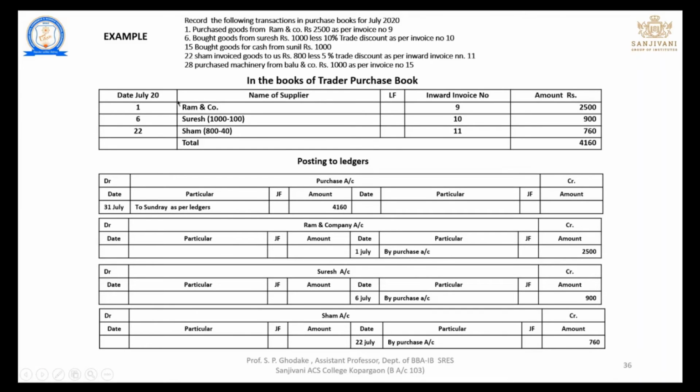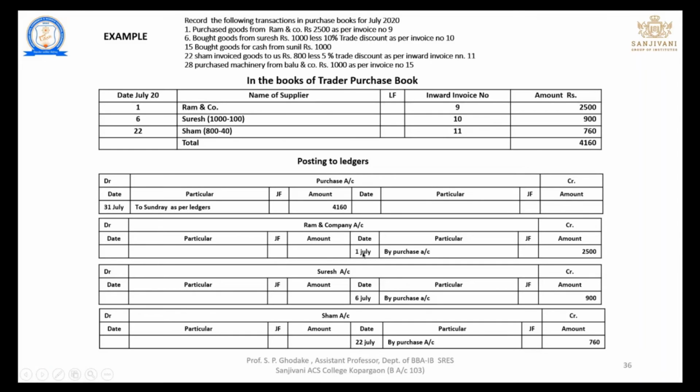Generally when we are purchasing raw materials from Ram and Company, there are two parties involved, one is goods and one is Ram and Company. Goods is coming into the business and Ram and Company is the giver. So as per the rules of debit and credit, we have goods account debit to Ram and Company.